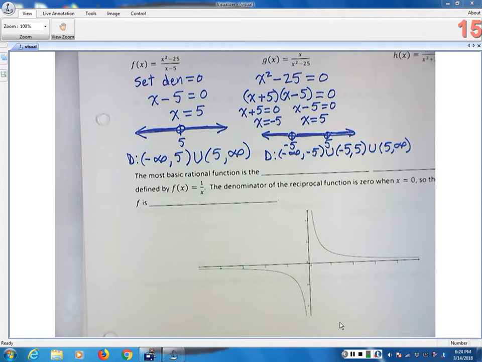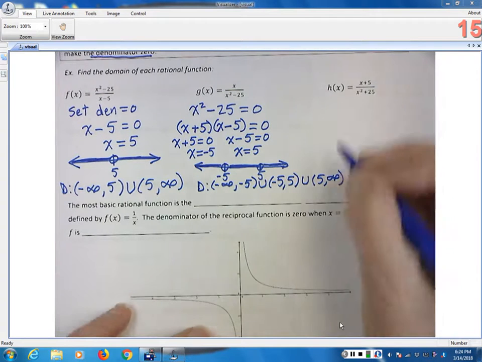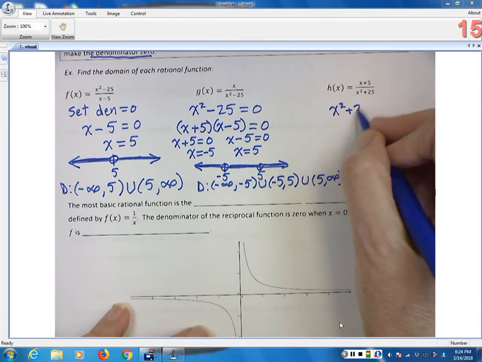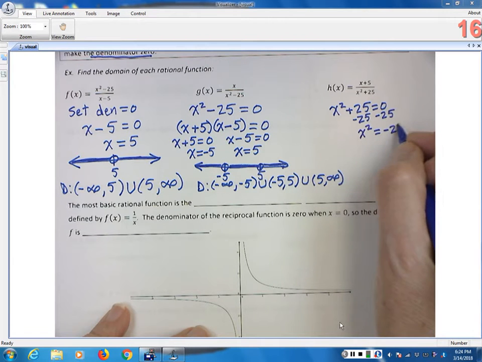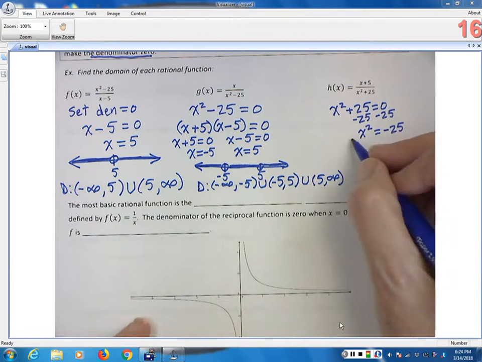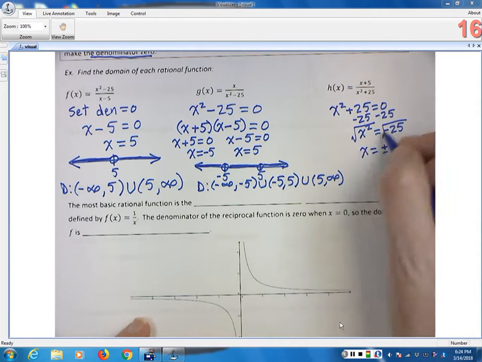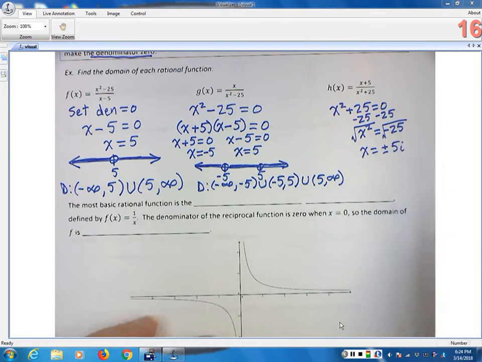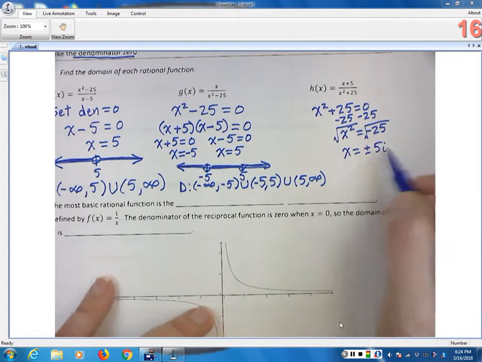Okay. So, all right, so this is how we find the domain. We've done this before. So we'll set this denominator to 0. X squared plus 25 equals 0. Subtract the 25. X squared equals negative 25. If we take the square root of both sides, x equals plus or minus, you have to add that plus or minus, 5i.